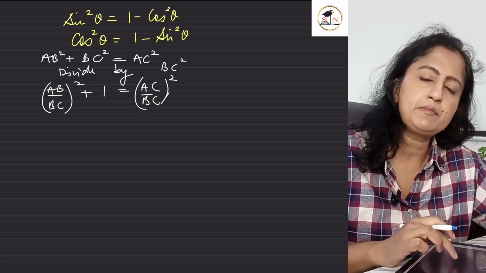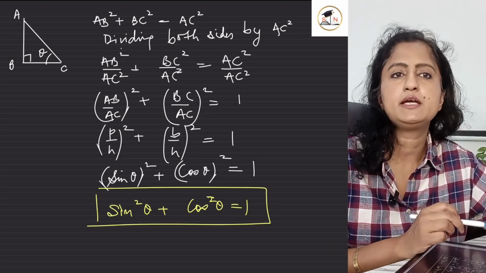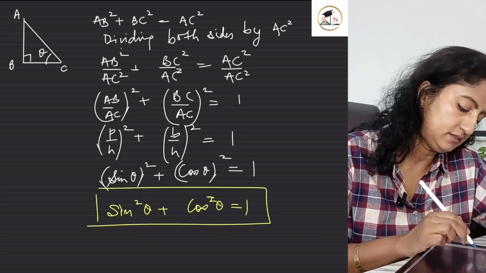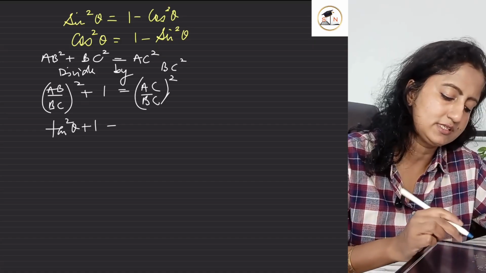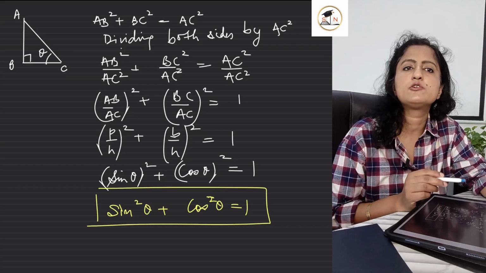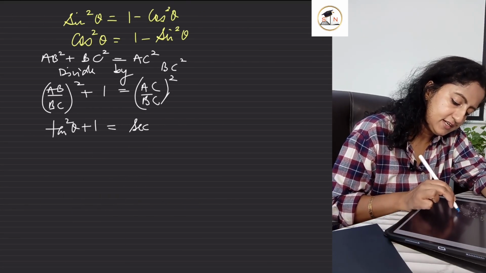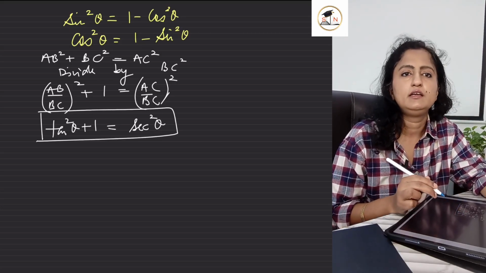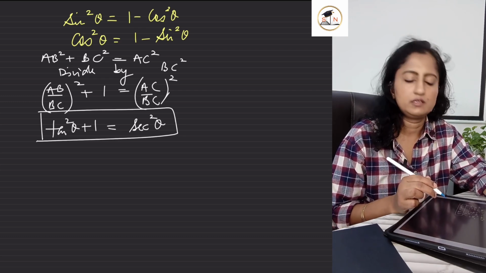Okay, what was AB by BC? See the figure. AB by BC is P by B. What is P by B? That is tan theta. So tan square theta plus 1 equals AC by BC means what we have? Hypotenuse over base. Hypotenuse over base is nothing but sec theta. So here we have sec square theta. And this is your second identity. Okay, tan square theta plus 1 equals sec square theta.